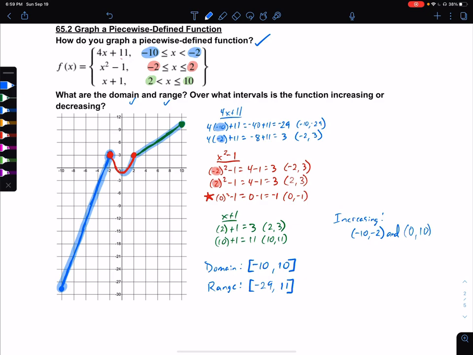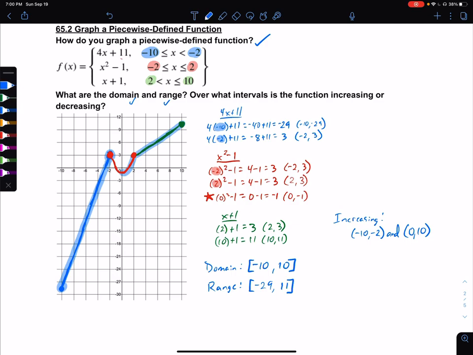So there are 2 portions where it's increasing. Having some trouble writing today. So from 0 to 10, it's going to increase. There's that leftmost portion, and then half of the red one on the right, and then the entire green part of our graph.